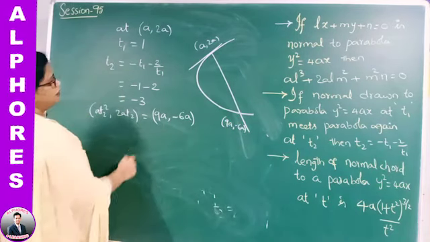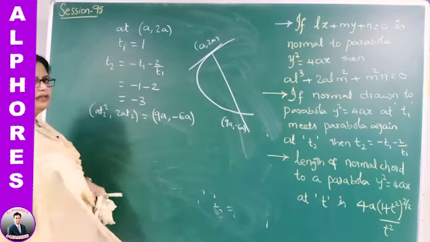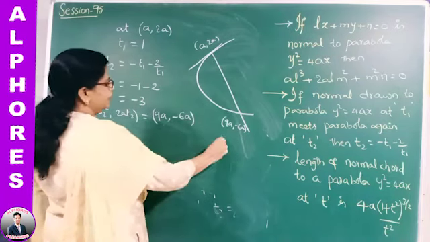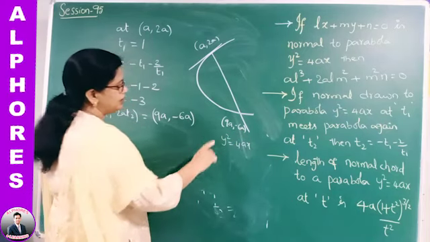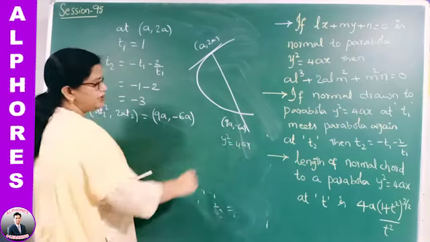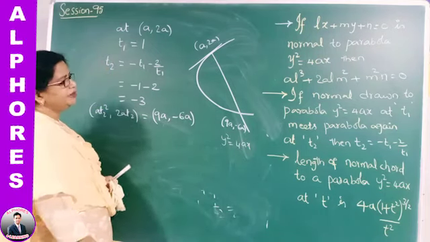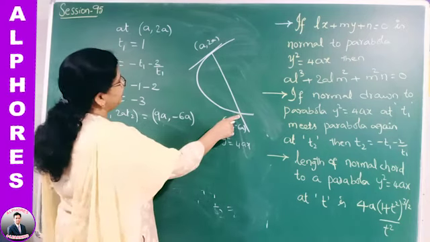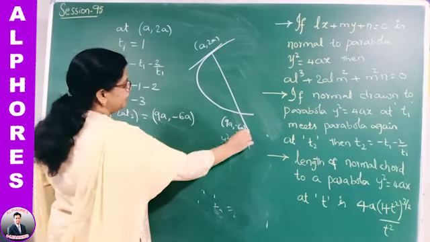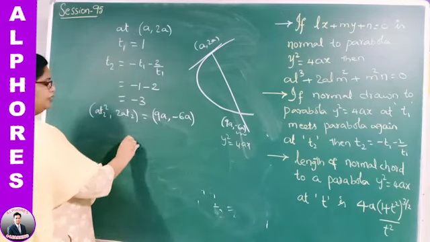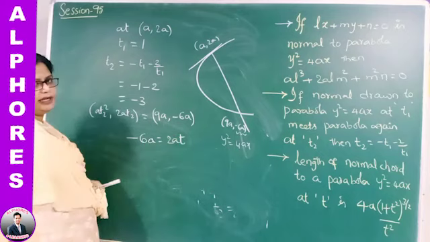Observe, what is the parabola equation we have here? y square equal to 4ax, and if you substitute here, this is 36a square, and this one also 36a square. Now we may get a doubt. What is our doubt? If the normal is drawn at this point, will it pass through this point or not? Let us start the problem again from here onwards. So minus 6a we have to compare with what actually? 2at, okay?